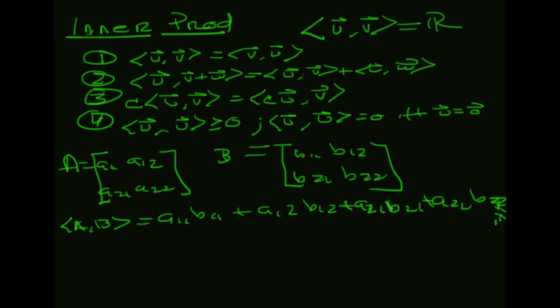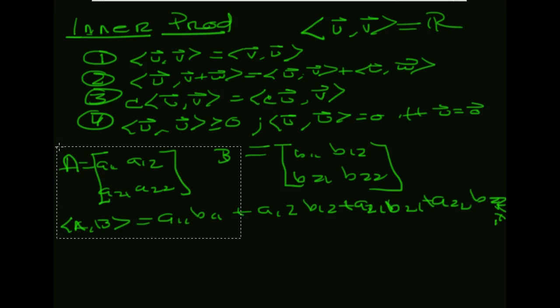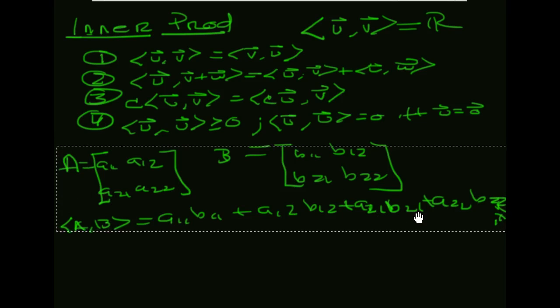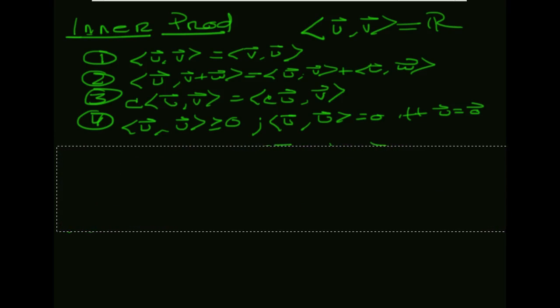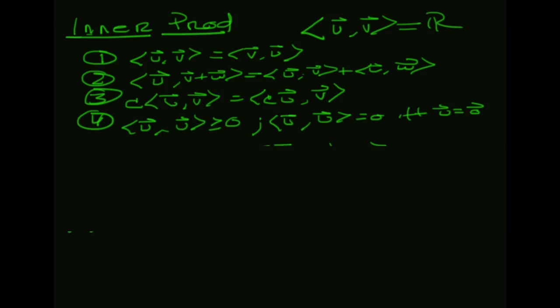One last one that's commonly used, but it's a little tricky when you think of it as a dot product. We're going to enable a little bit of calculus here. Let f and g be continuous functions on the interval from a to b.